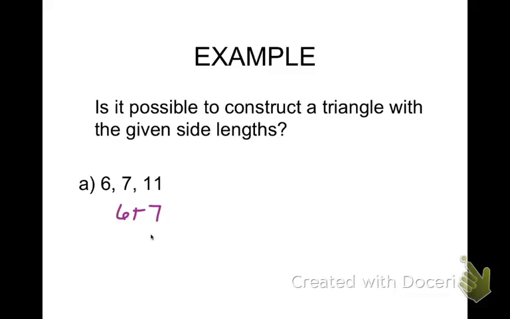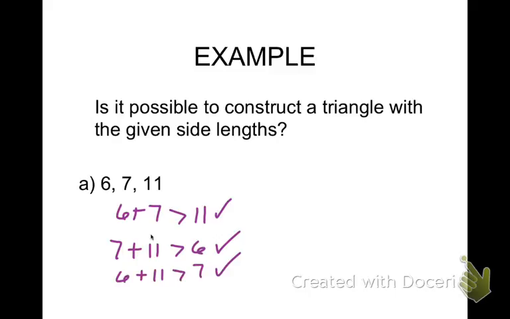Is 13 greater than 11? Yes. Is 7 plus 11 greater than 6? Yes. Is 6 plus 11 greater than 7? Yes. So since it's a yes for all combinations, we would say yes, it is possible to construct a triangle with the given side lengths.